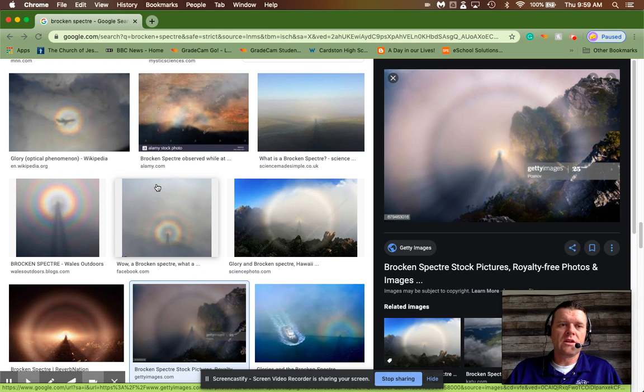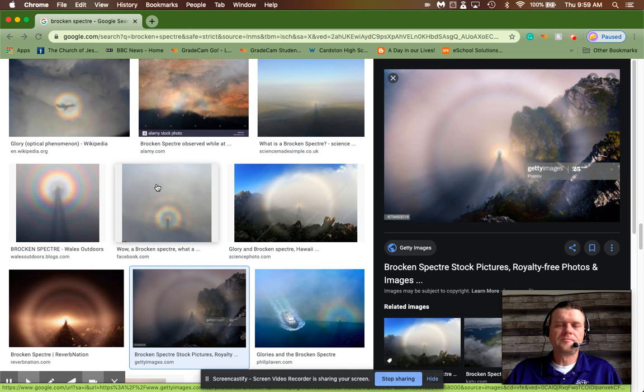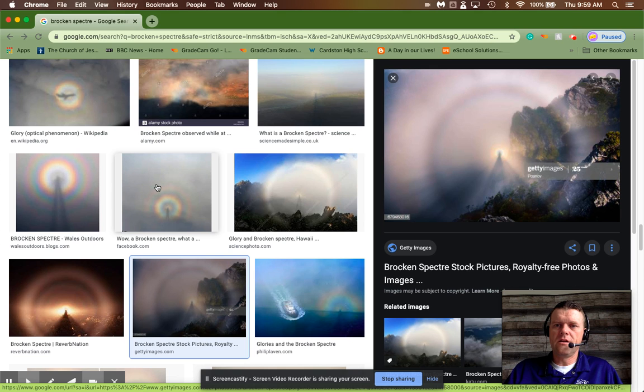I've never observed this from a mountain. Actually, I have in an airplane. If you're lucky and there's fog below you in the mountains, basically the sunlight is hitting the water droplets in the fog, and the light is being refracted and diffracted, and it's kind of backscattering back to your eye.